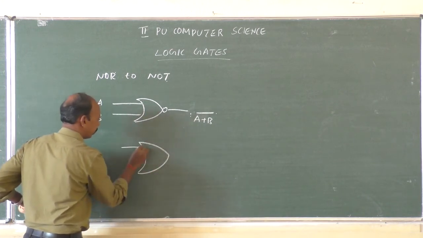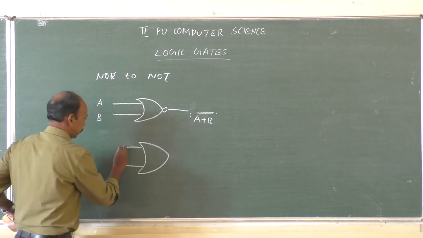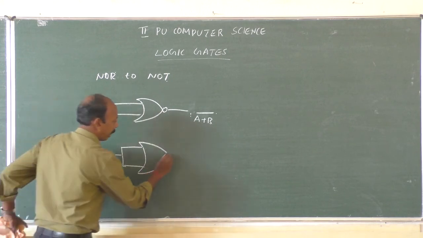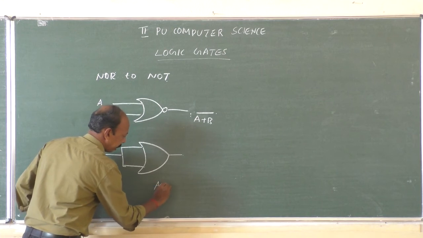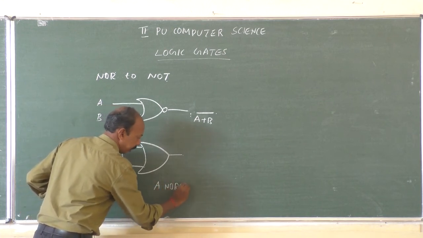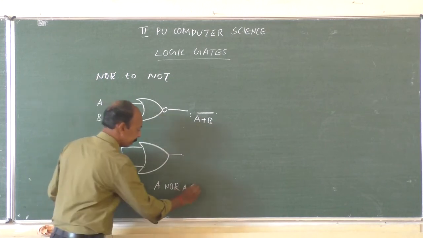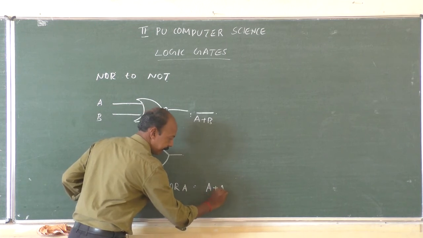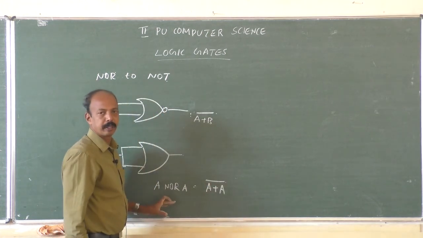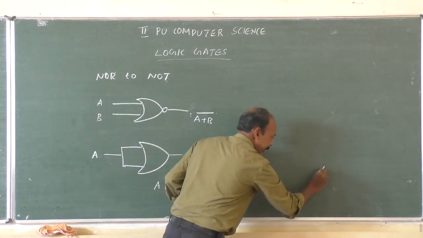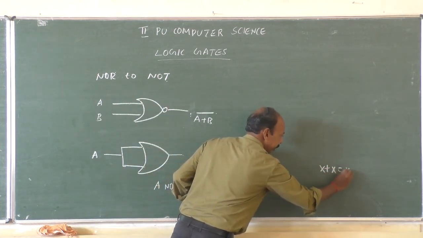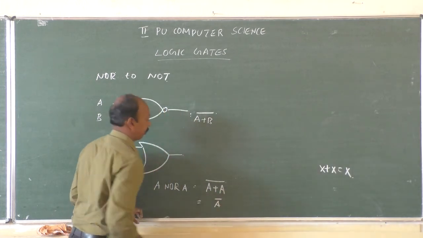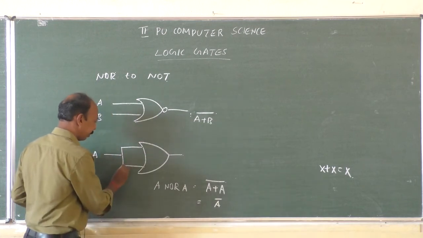There should be two inputs, but the same input we shall feed, that is A. So what happens here? A NOR A. That is A plus A whole bar. We have the result X plus X is equal to X. That's why A plus A is equal to A, and this bar is A bar. So what we get here is A bar.